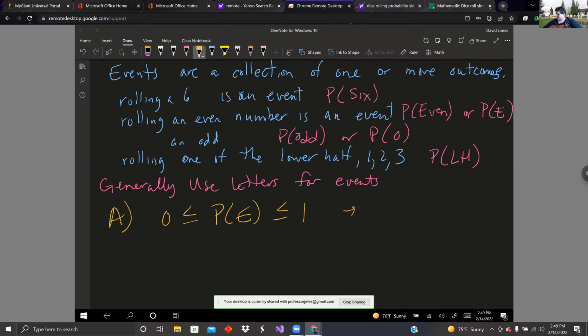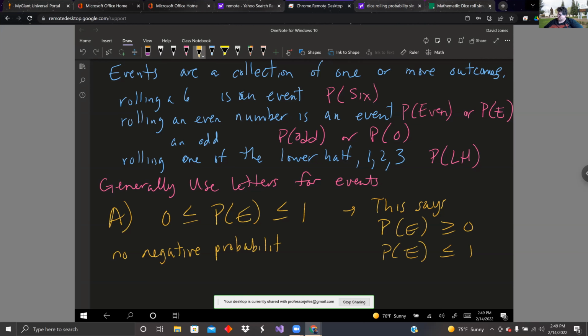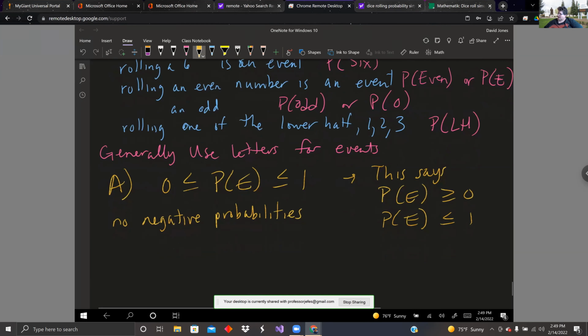This says, if we break it up into 2 ways, probability of event E is greater than or equal to 0, and probability of event E is less than or equal to 1. So no negative numbers, no negative probabilities, I should say. And no probability is greater than 1.